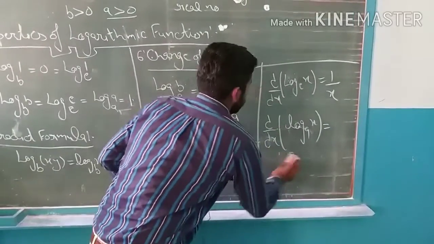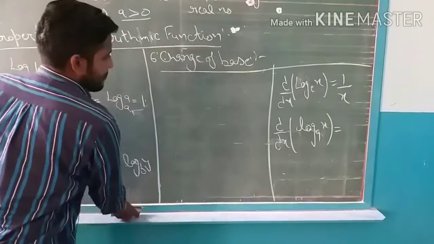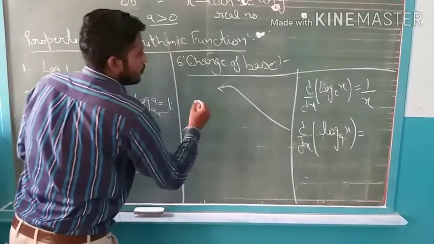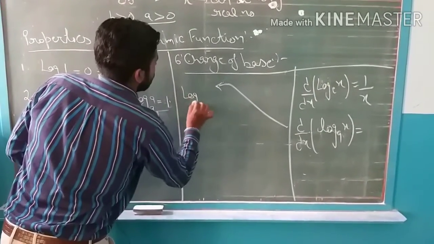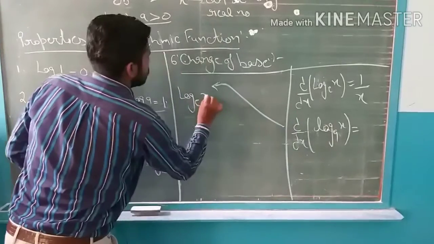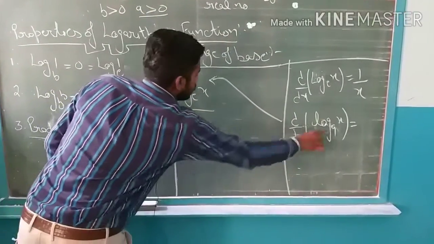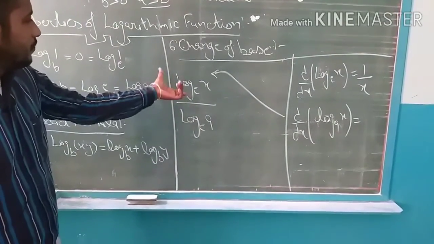Okay, I am going to write here. Now look at this. We will change the base to e: log of x with base e upon log of 9 with base e. In that way we can change the base.